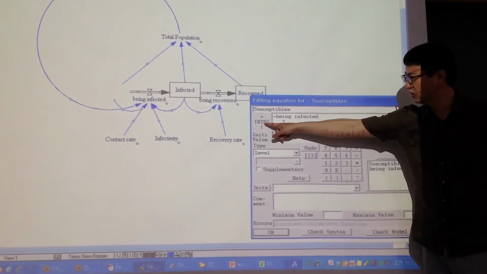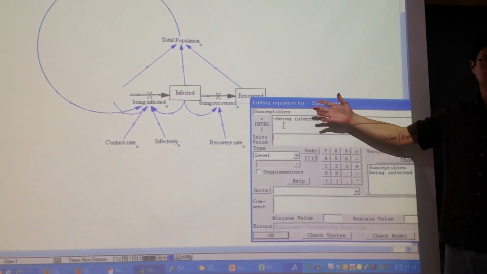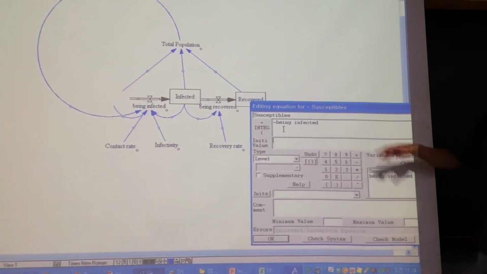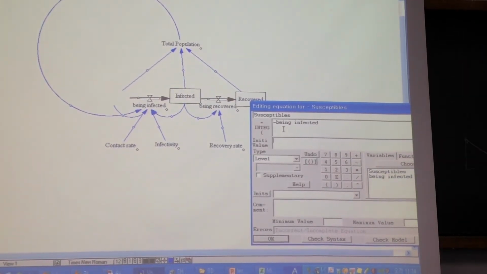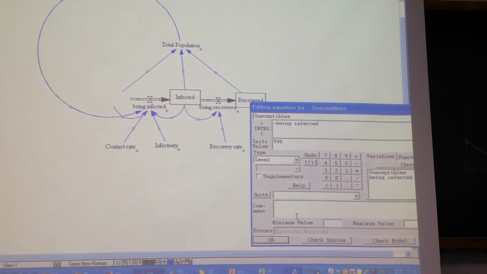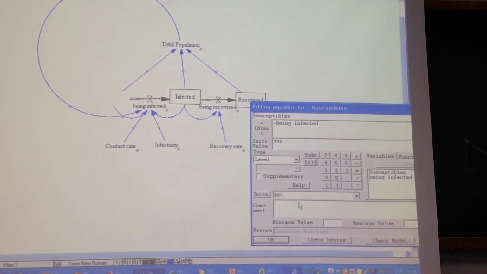Susceptible is the integration of negative being infected, which makes sense, right? Susceptible is the integration of the flow out of the susceptible. That's fine. And the initial value, let's say 990. And units, it's a number of people, so let's just say people. And I say okay.